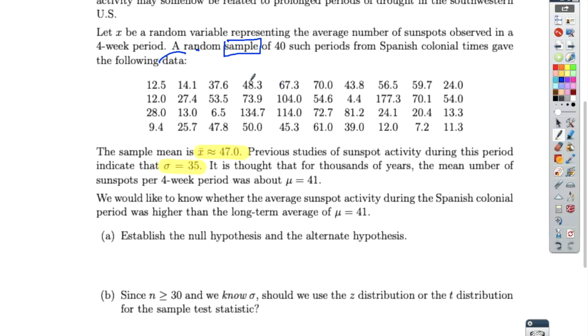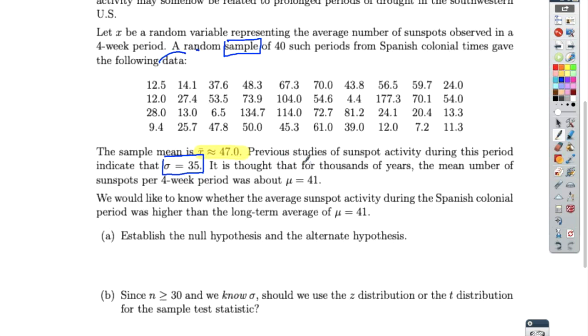If they had not given us this population standard deviation, we could have used our calculator to find S for this sample data set. In this case, they gave us the population standard deviation, which we could not have gotten from this sample set. Remember, the population standard deviation represents the entire population of all of these sunspot data values, which we don't have. So they would have to give us this.